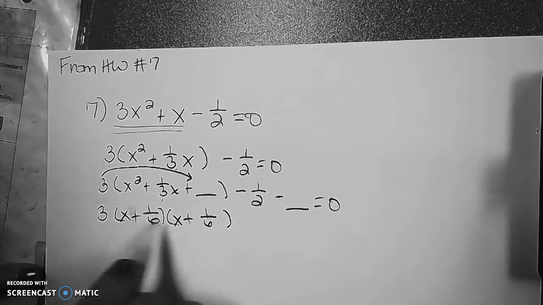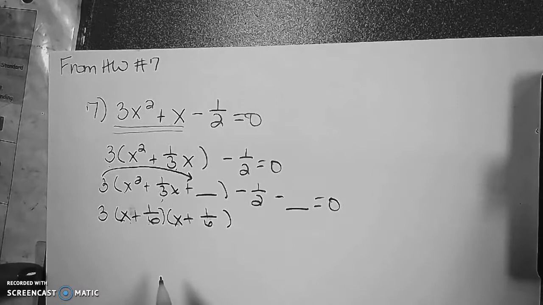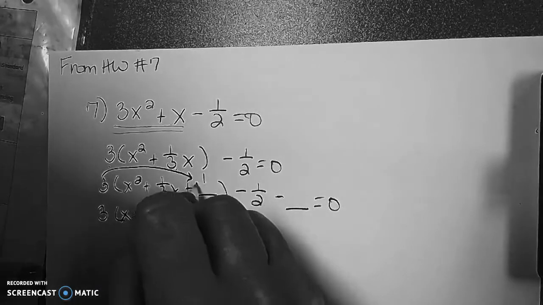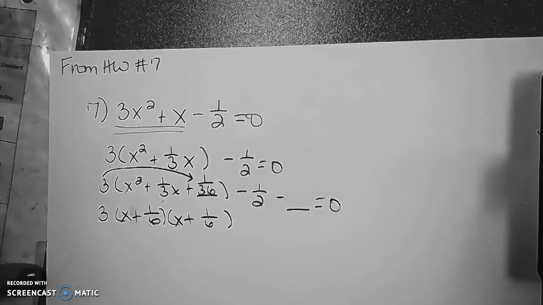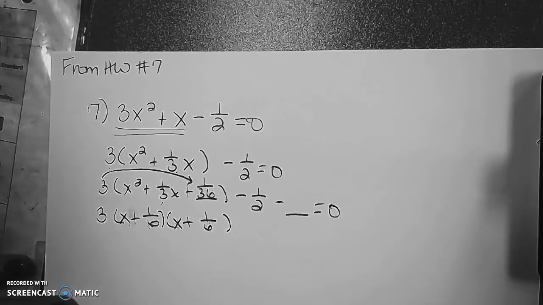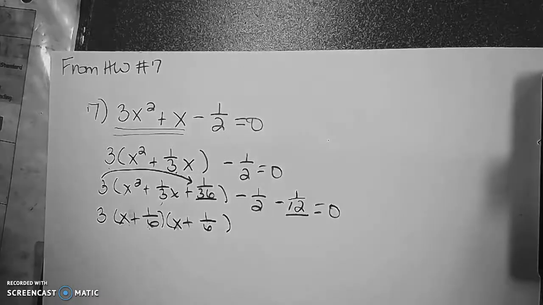So x times x gives x squared, and 1/6x plus 1/6x is 2/6x, which is 1/3. Now as I'm working backwards, 1/6 times 1/6 is 1/36. I do need to balance, so I'm taking 1/36 and multiplying it by 3, and I'm going to reduce that because I know that's 1/12.